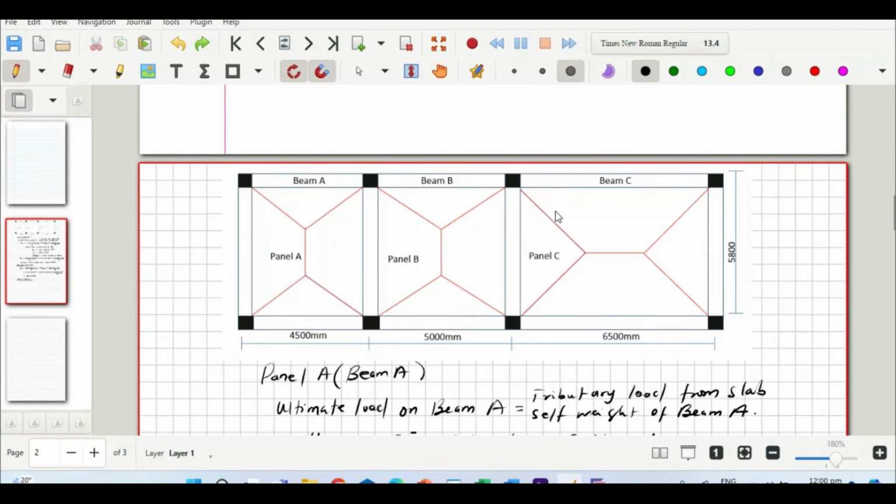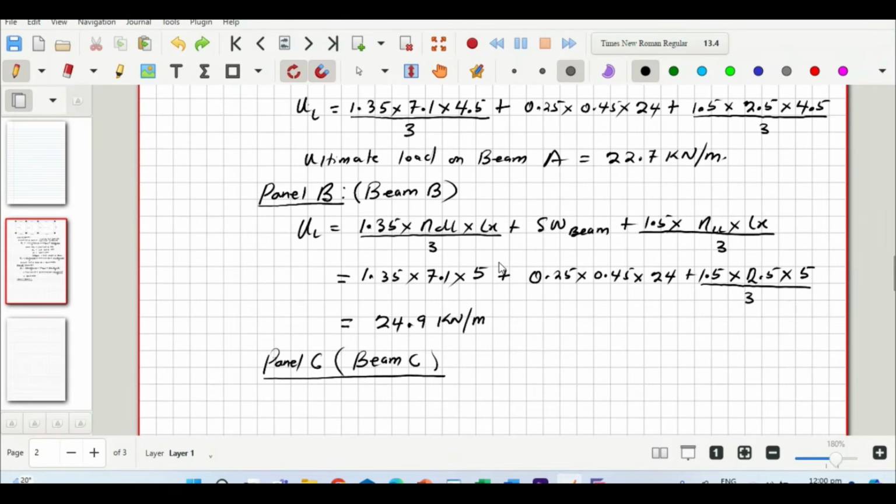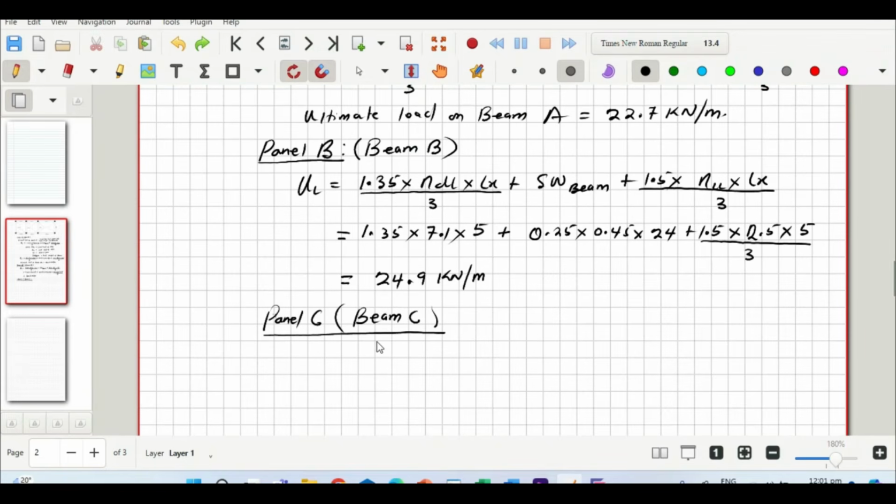We are going to use a different formula, and we've seen this formula before in my previous tutorial on beam load calculation. In this case, our ultimate load UL will be 1.35, still the same, that's the partial factor of safety for dead load, multiplied by 1 on 2, multiplied by NDL, multiplied by the short span, all into bracket 1 minus 1 on 3k squared, plus the self weight of beam.